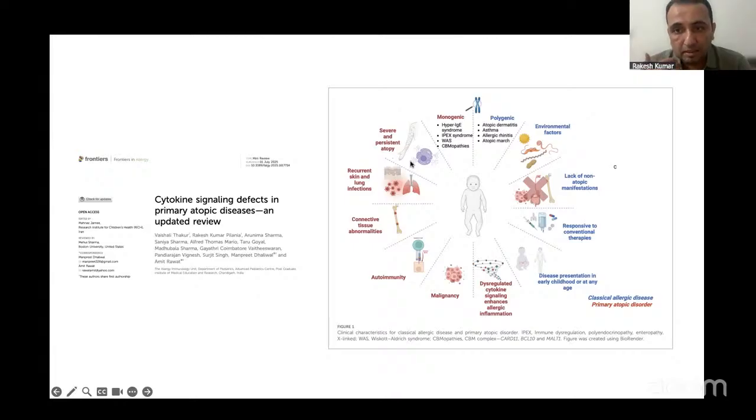The run-of-the-mill atopy is okay, but when it is difficult to treat or not behaving in the conventional way of atopic disorders, and is associated with recurrent skin and lung infections, connective tissue abnormalities like in hyper IgE syndrome, or autoimmunity and malignancy, and dysregulated cytokine signaling, these are the red flags to identify a primary atopic disorder.